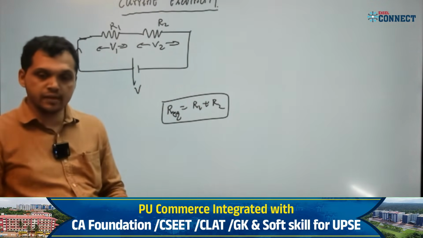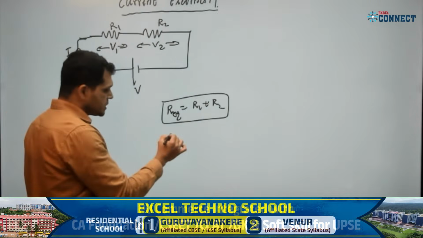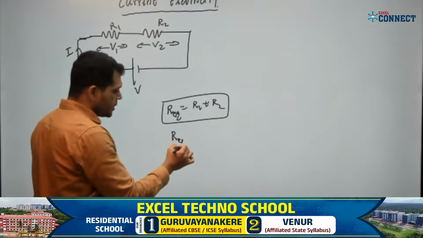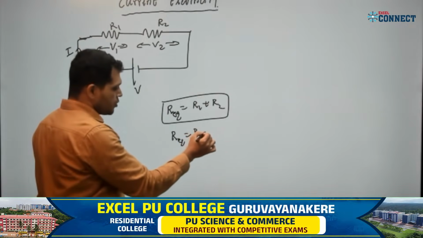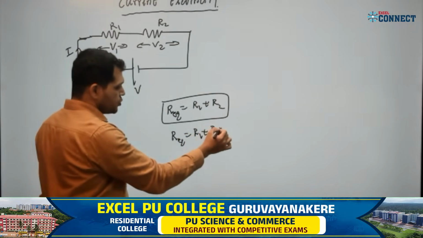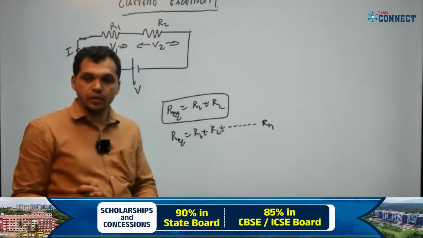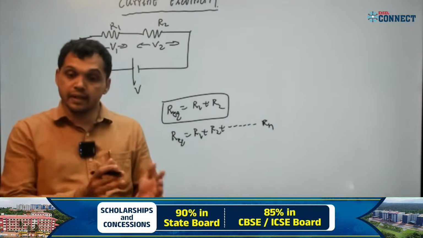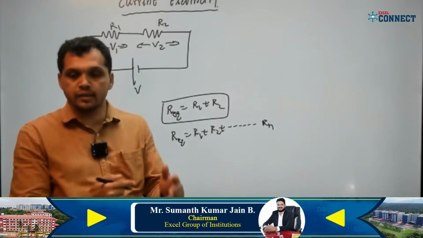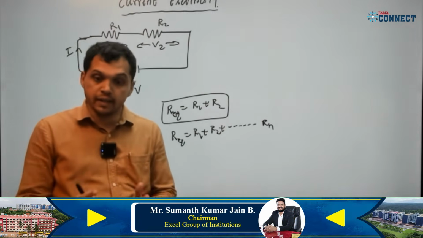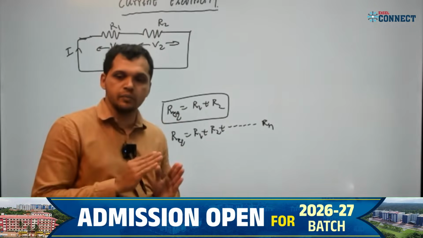For n resistors in series, the equation is R equivalent equal to R1 plus R2 plus etc. up to Rn. This is the equivalent resistance for n different resistors in series.